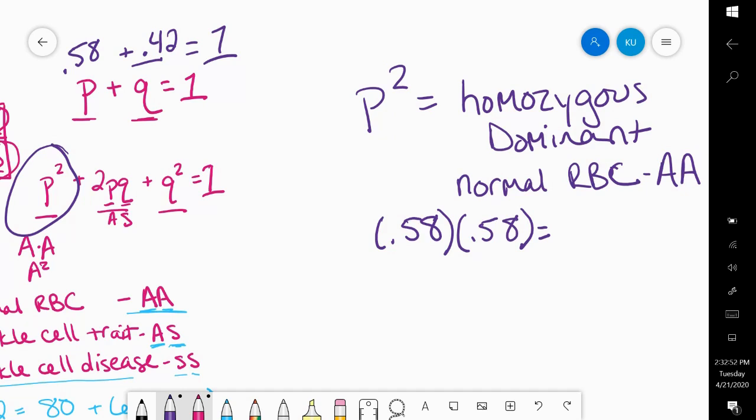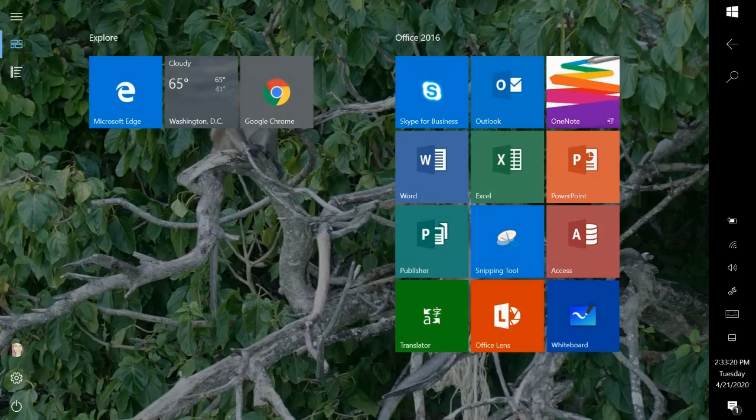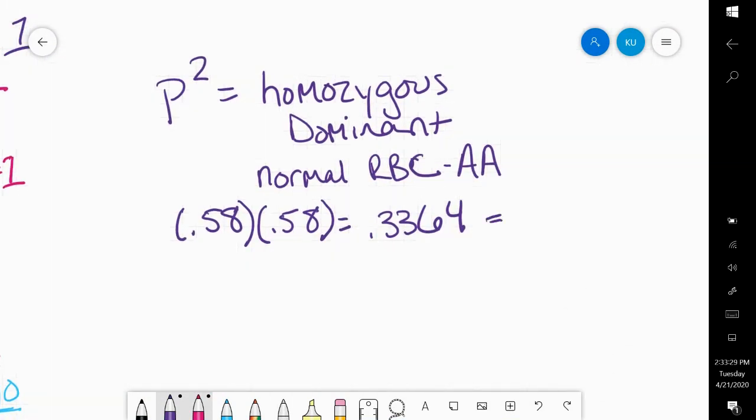Let me grab a calculator. Should have brought one over here. But so we do 0.58 squared. It's 0.3364. Okay. So that's my p squared.